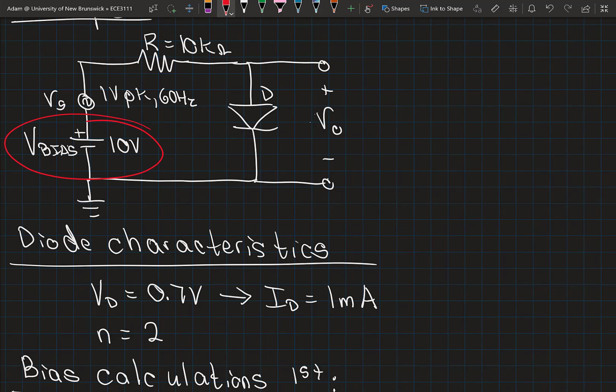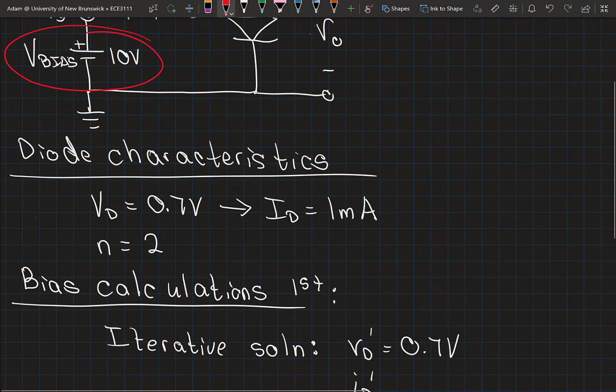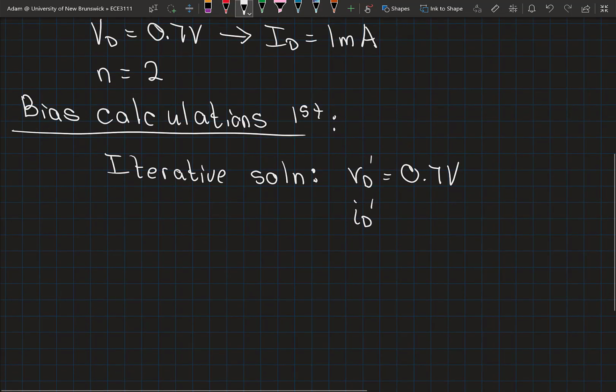Okay, so we can get the voltage across the resistor as the bias voltage minus the forward voltage drop across the diode. I guess maybe I should show this as uppercase because I'm assuming this is just the bias at this point, and this is uppercase as well because this is just the current due to the bias.